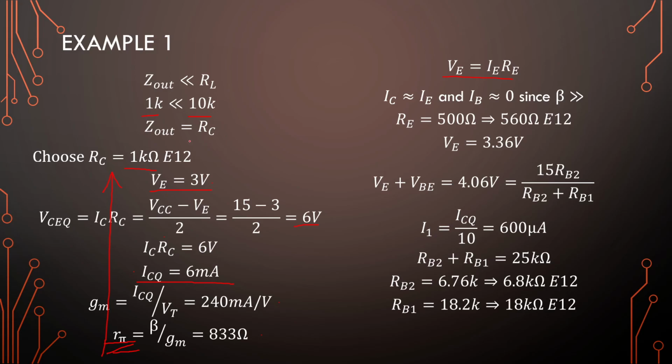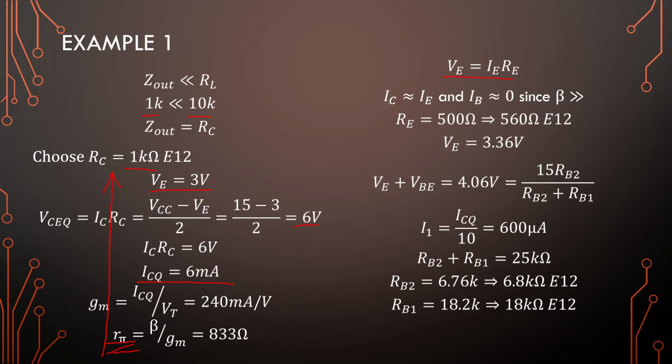Okay, in the end, you can't teach somebody to design. Design comes with experience. But knowing your small signal stuff and knowing your DC bias stuff, it will become easier to design.